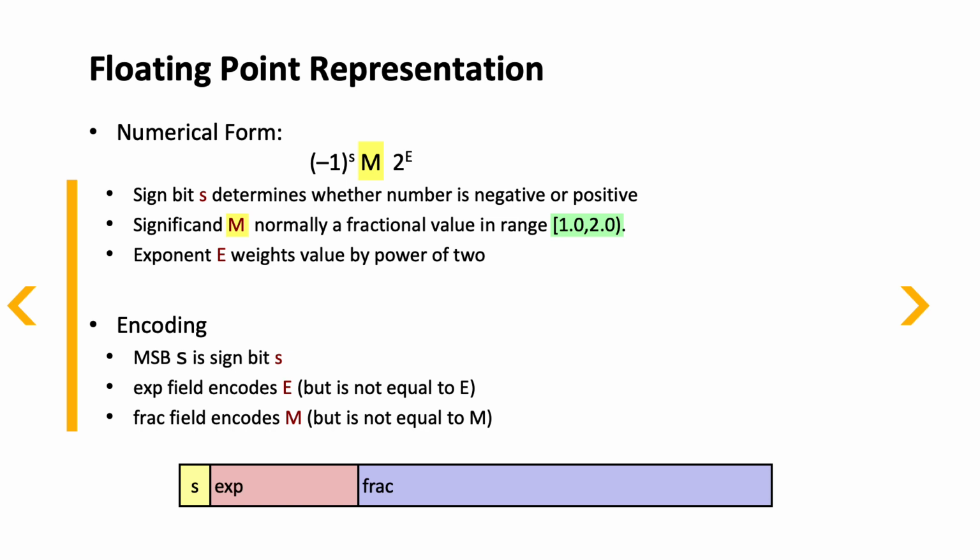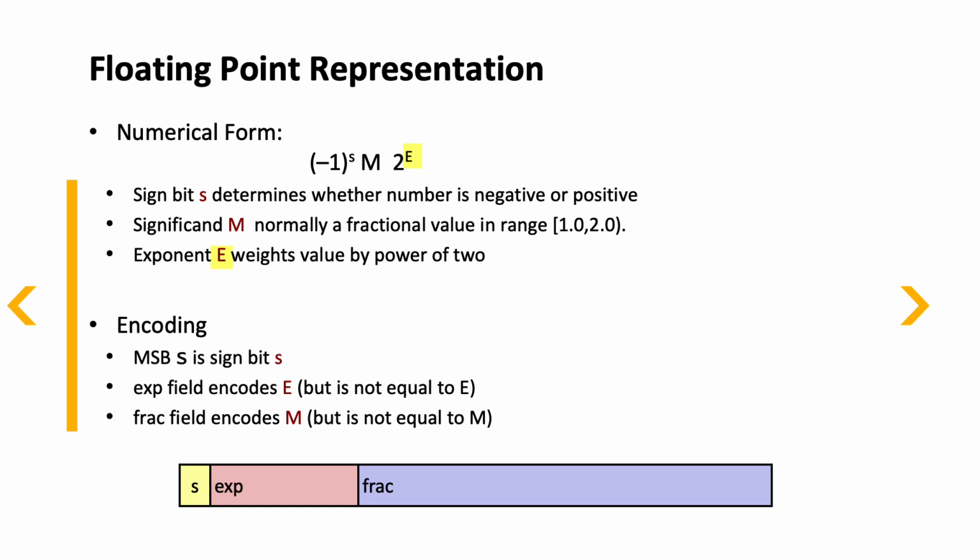That indicates that 1.0 is inclusive on that side of the range, but the 2.0 is exclusive. So the significand is going to be between 1.0 and whatever's just barely under 2.0. It's never actually going to be 2.0. And the exponent E weights the value by some power of 2.